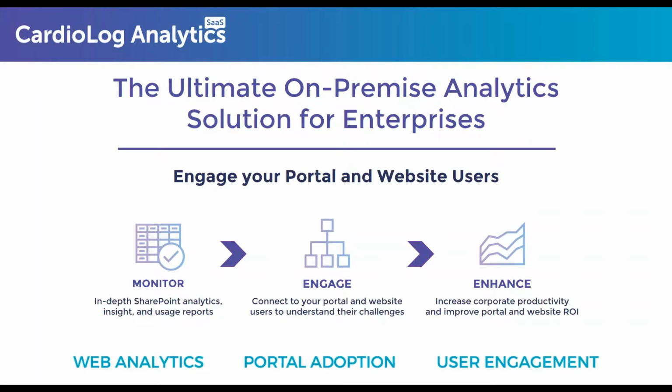And finally, the most important pillar is to enhance. We want to make sure that we're constantly improving SharePoint based on these pillars. The idea is that we have actionable metrics which allow us to make these improvements, and to not only see these insights but actually take action on what we see.